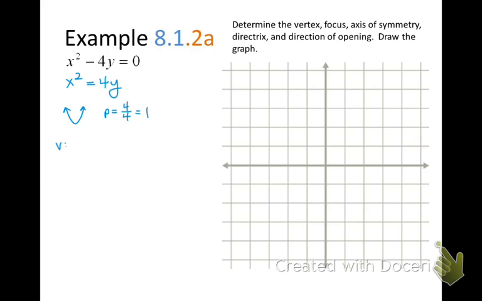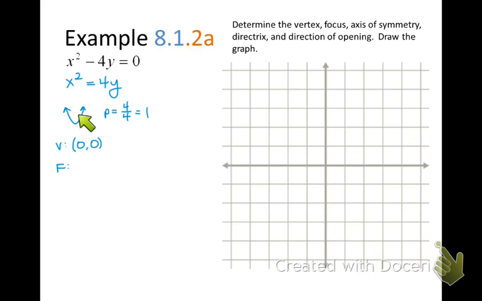I've got my vertex, which is at what? 0, 0. And from my vertex, remember I said I can find the focus pretty easily. Either my x value will stay the same or my y value will stay the same. Can you guys tell me for this particular graph, when I put my focus where it belongs, remember your focus goes into the cup.